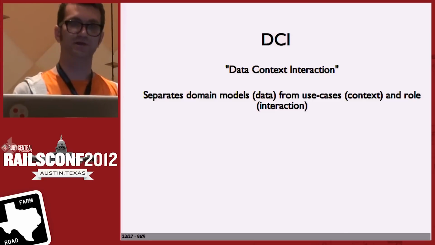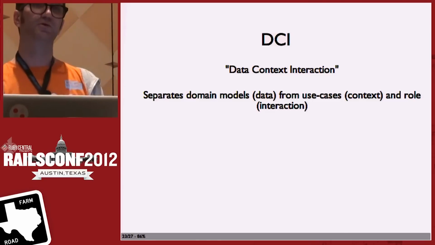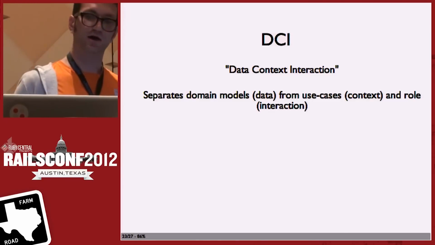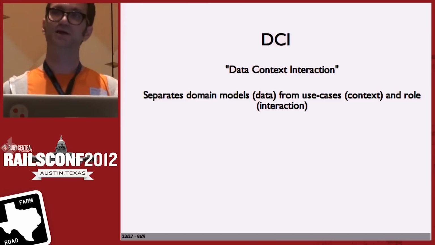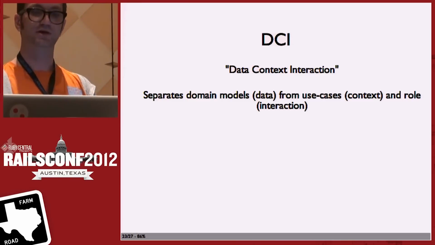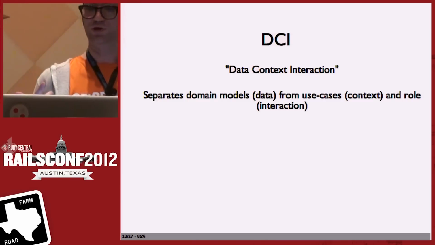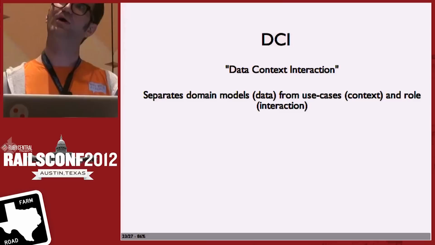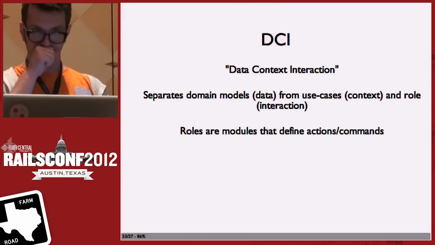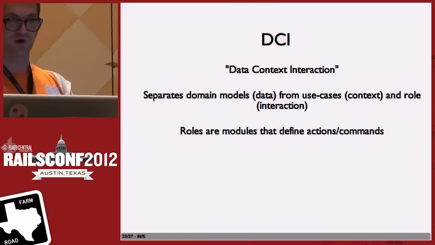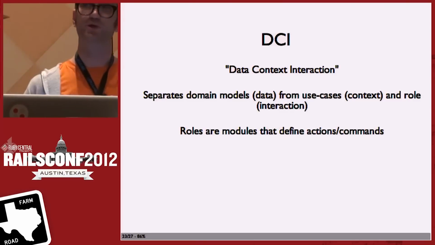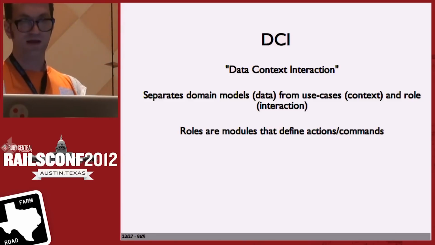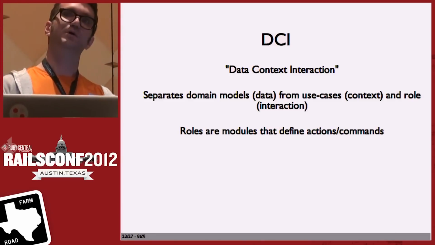So the idea behind DCI is that we separate our domain models, or our data, from the use cases, which is the context that the data is being used in. And we allow data to be used in a context using a role, which is the interaction part. So roles, in Ruby, are modules that define the actions or commands.